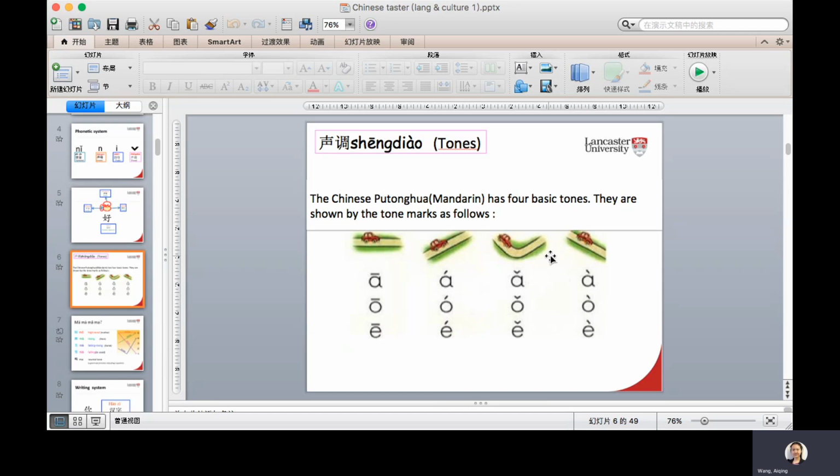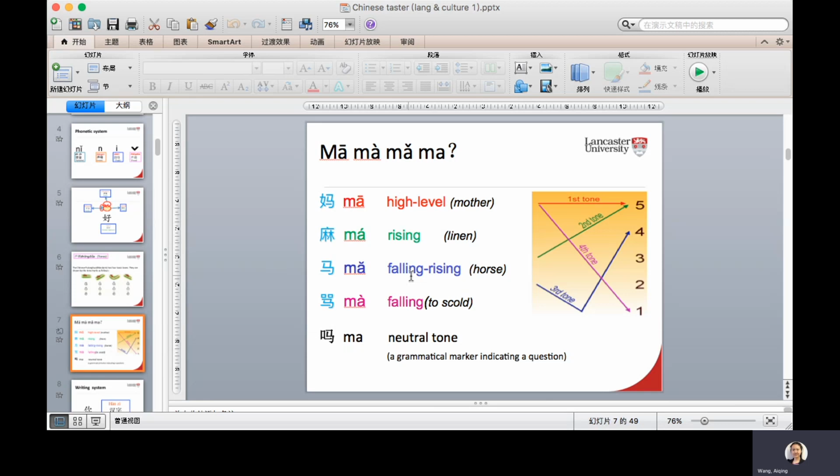So that's the 4 basic tones in Chinese. Apart from these 4 very basic tones, there's a 5th one called the neutral tone, or the so-called toneless, because the neutral tone actually doesn't have any tone mark on the syllable.